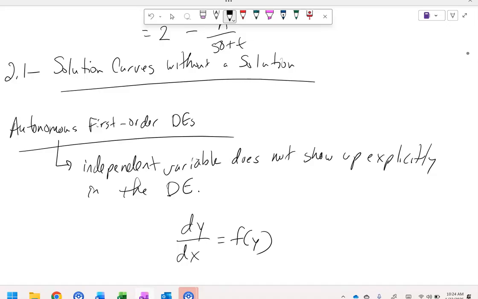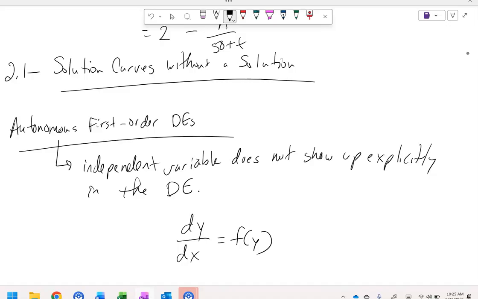If you had a mixture problem where stuff coming in and stuff going out was at the same rate, then t wouldn't pop up and that would be autonomous. Okay? All right. So autonomous just means if I have dy dx, there's no x's anywhere else.